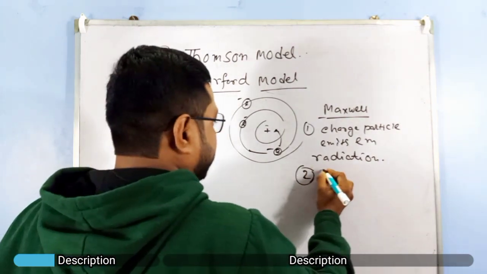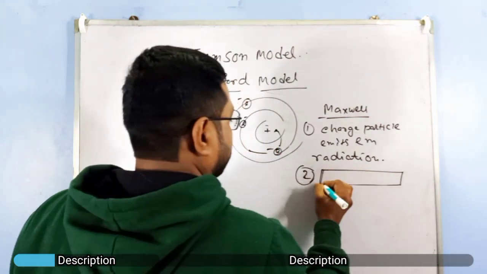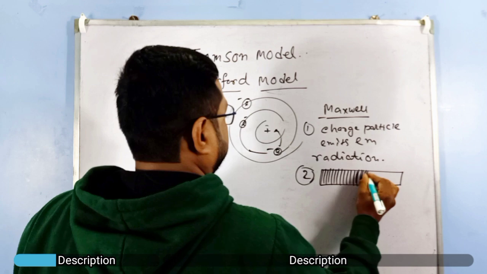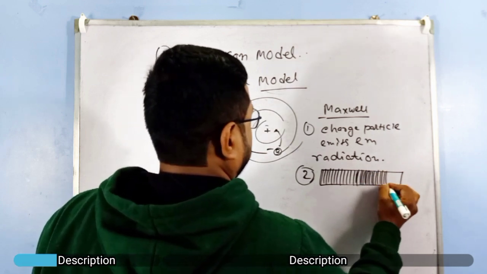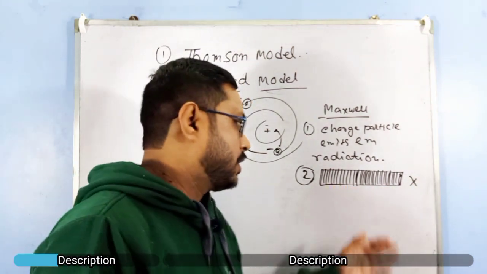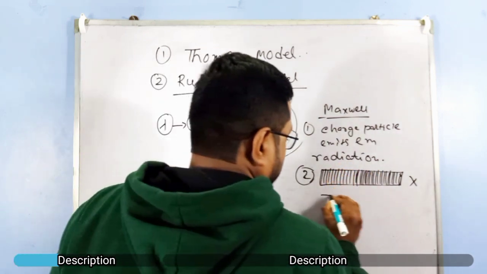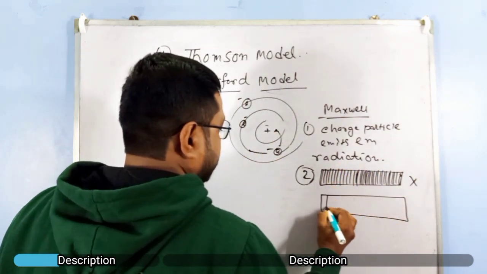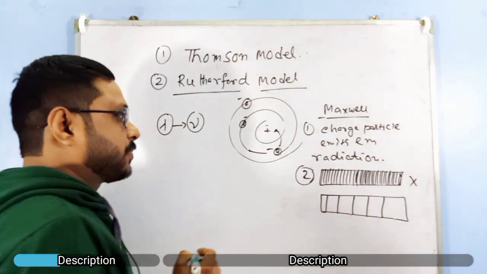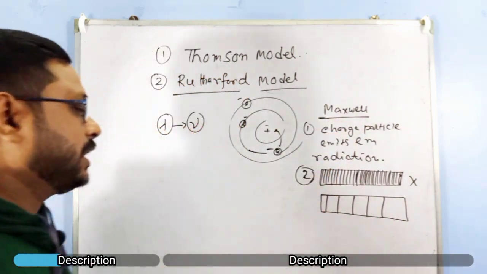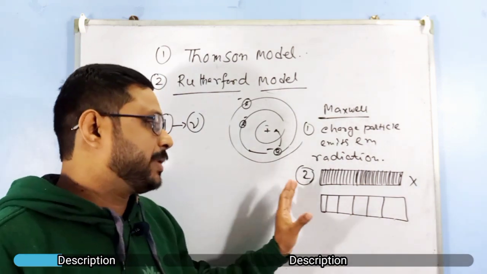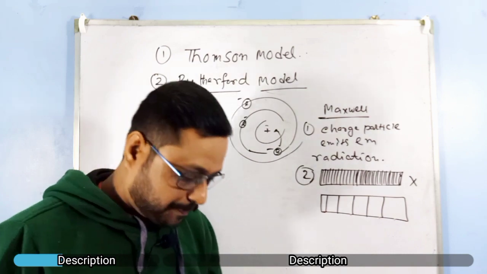So the spectrum of hydrogen would be continuous. But in practice we do not observe this. Instead of a continuous spectrum, we get a discrete line spectrum. So the Rutherford model has two drawbacks. One is the instability of the atom, and the other is the original characteristics of the hydrogen spectrum.